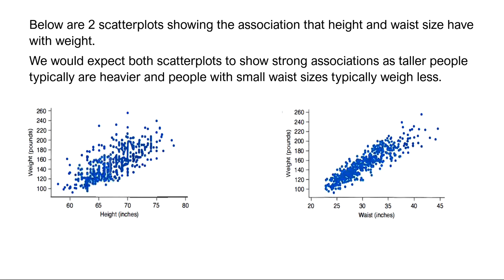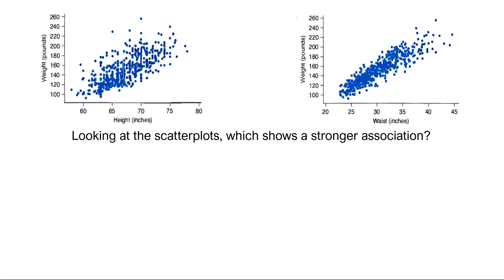The bigger somebody's waist size is, the more they're going to weigh. It's what we'd expect to see just based on what we know about the human body. But what we're trying to figure out is which has the stronger association, which on the next slide is the question that we're asking. Looking at this data, which shows a stronger association? Which one would we say is a stronger association? And then even, if you want to get into it, why is it a stronger association?